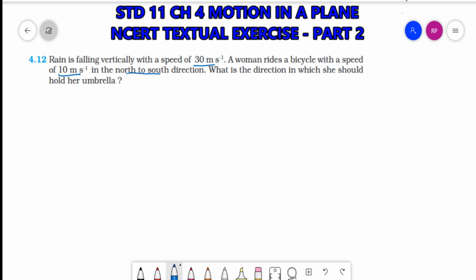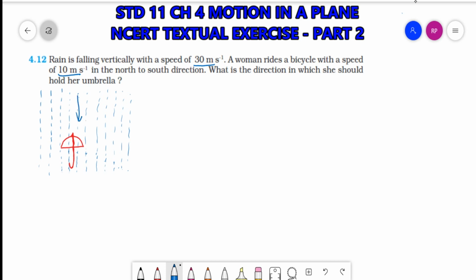What is the direction in which she should hold her umbrella? Now see, this will be the situation if the woman is stationary. The rain is falling in downward direction, and to protect herself, the umbrella must be in this vertical direction.